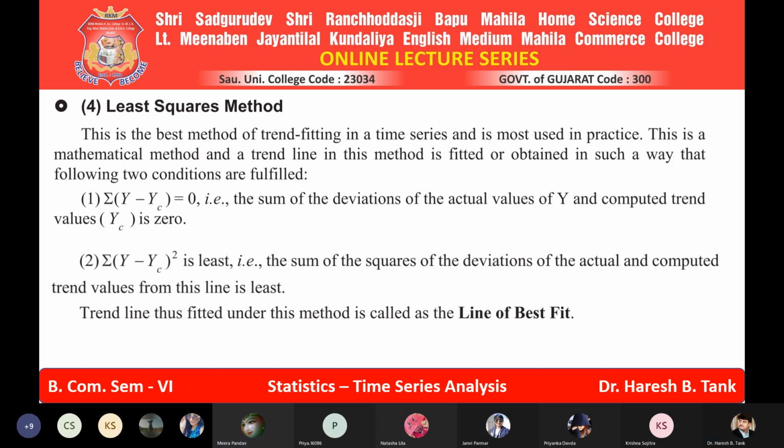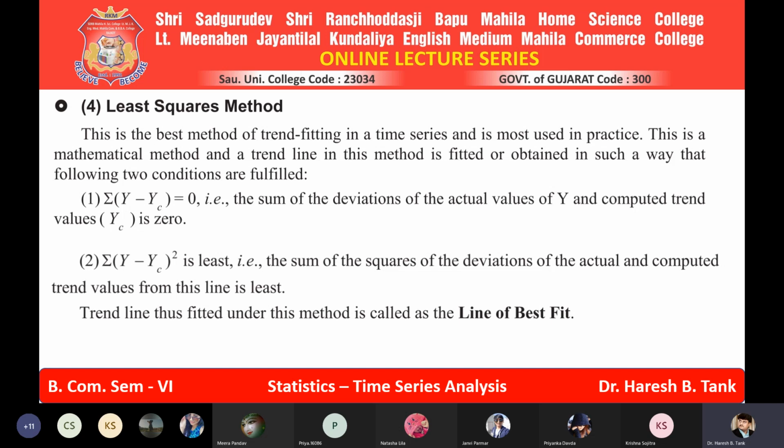Yes, sir. Okay. Now we are shifting to a new method named least squares method. You have already used it once, if you can recall, in regression analysis in the last semester.